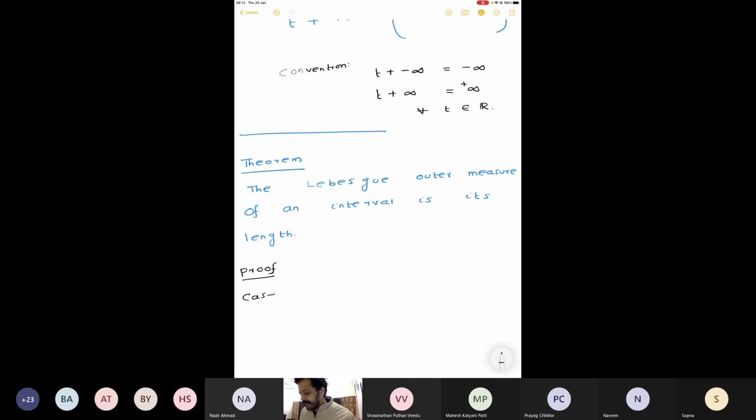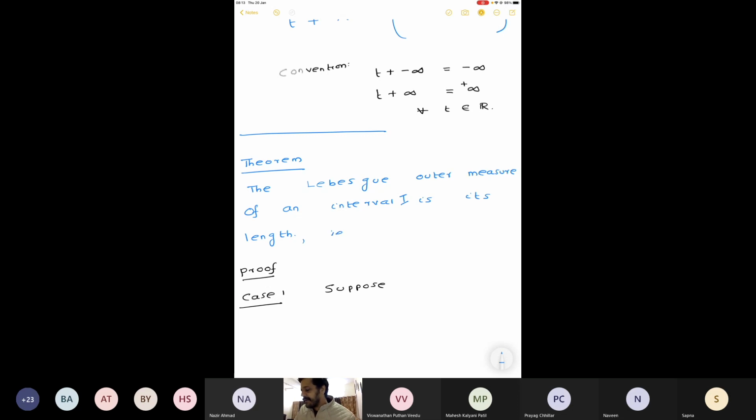Case 1. Suppose, in the statement I will add, that M star of an interval I is its length.